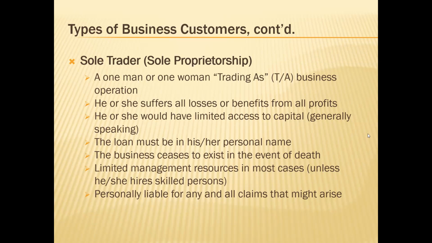The loan must be in his or her personal name, and hence that's why it says, for example, Glenn Nottage trading as Shoe Wonder. The business ceases to exist in the event of death. Legally, that's what should happen, but in the Bahamas, the reality is that sometimes a family member, a spouse, significant other, or a child or children will continue to run, let's say, a community convenience shop, a little grocery shop.